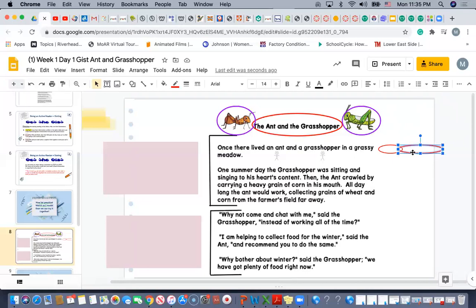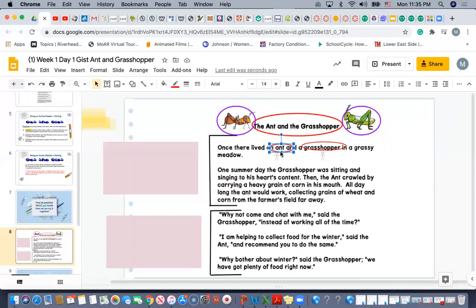I clicked on my circle and I dragged it over to circle a character. Did the same thing, click, don't let go, drag, and then let go. This makes it easy for me to identify who my main characters are. And as I'm reading, I want to make sure that I'm thinking about what they're doing, saying, thinking, and feeling.